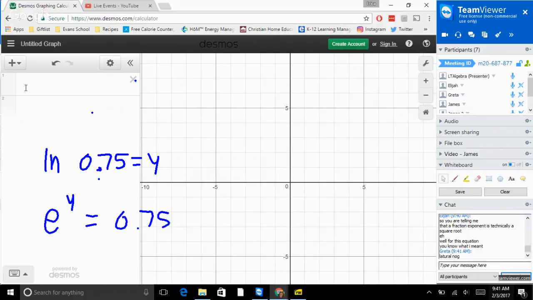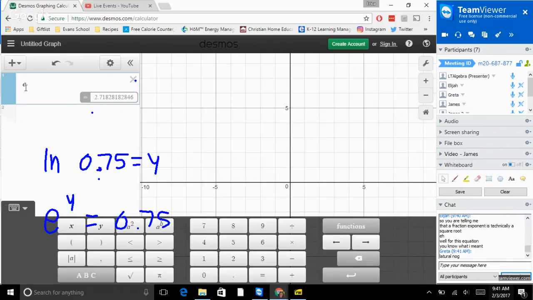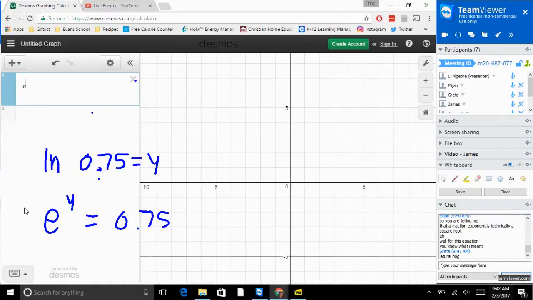Practically, what we're trying to find is e to what power gives me 0.75. Let's just see. E to the second power, that's not going to work. Putting in bigger and bigger numbers isn't going to get me to 0.75. I'm guessing it's like e to the 0.5 power. Nope, smaller than that. I'm not doing a very good job guessing. So in this case, I can just go straight to evaluating.